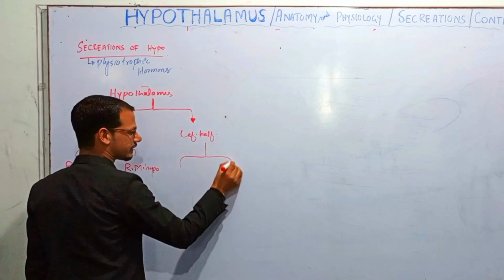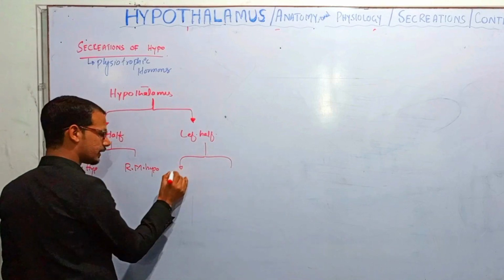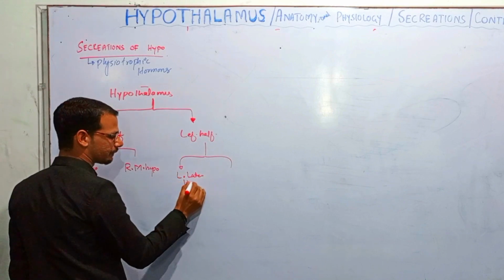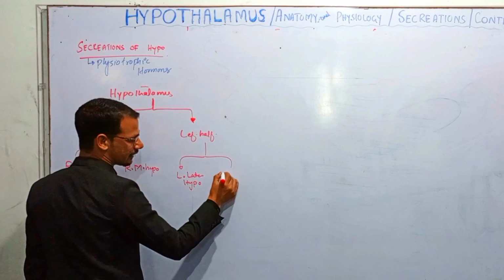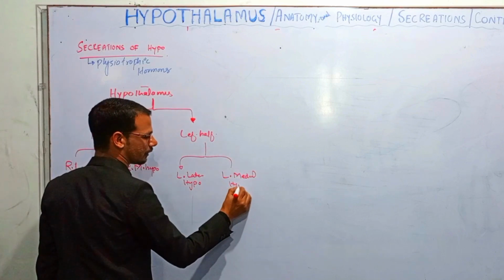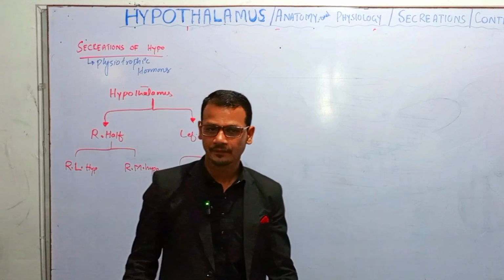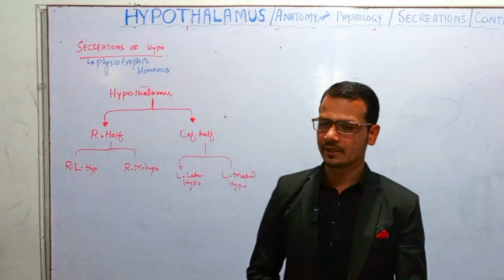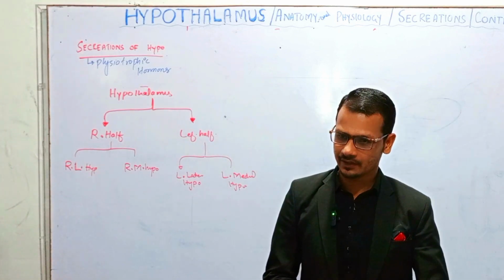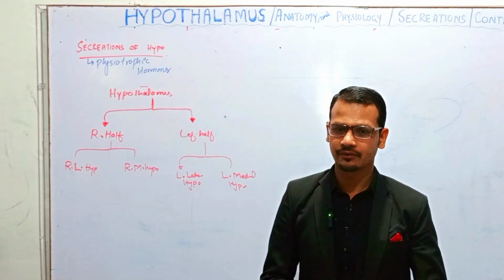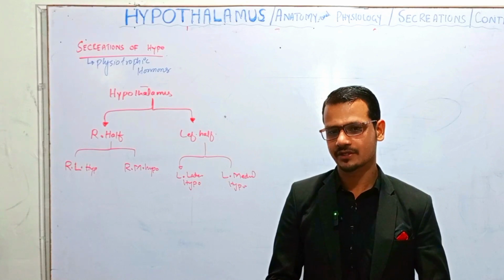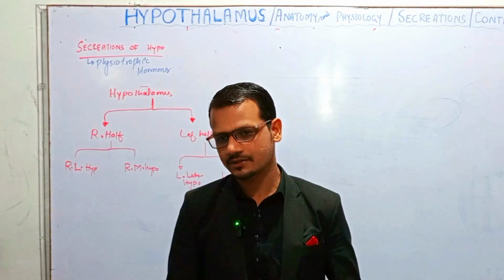The left side is also divided into left lateral hypothalamus and left medial hypothalamus. Now, first of all, we will talk about the tracts which are passing from the lateral side, which are called the forebrain medial fibers, or the forebrain medial tracts.